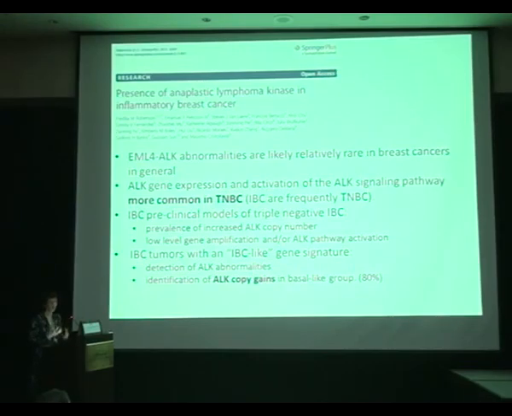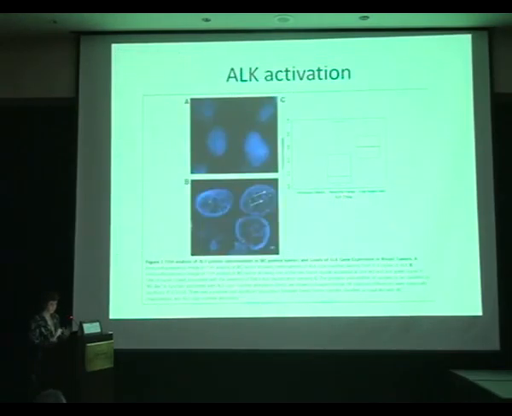So it could be a hope for the patient, for instance, to use crizotinib, which is used in lung cancer with ALK alteration. And they found, especially in this group, a higher copy number, not really translocation, only in 2 cases, but a higher copy number for ALK.